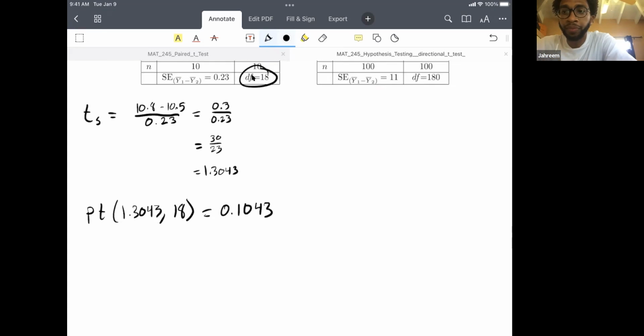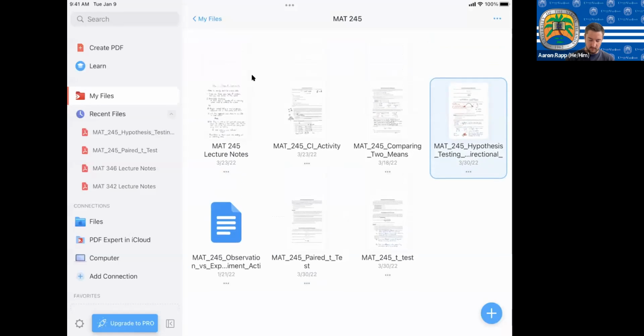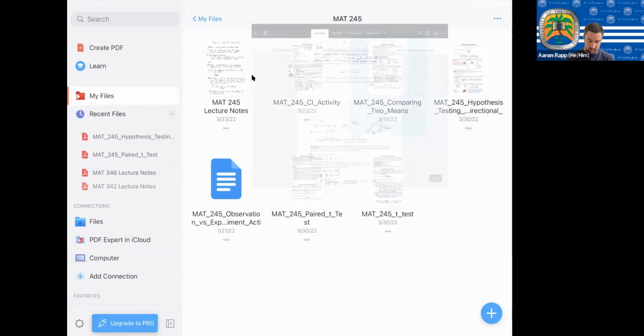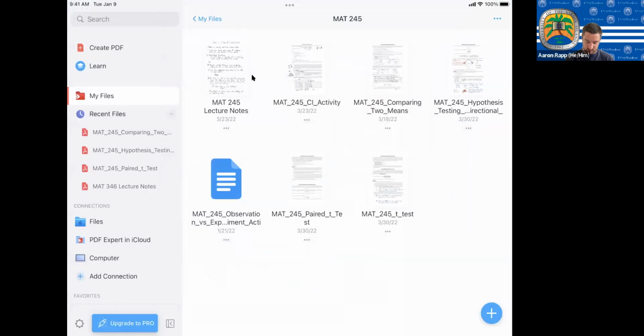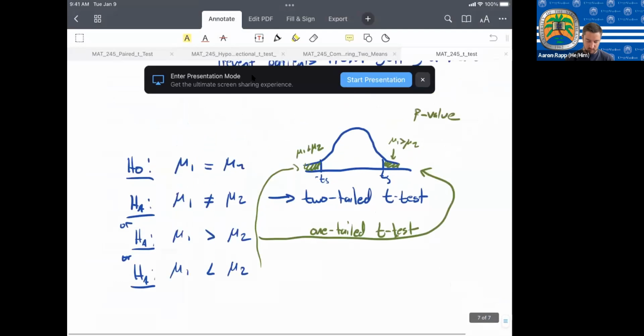Nothing. I wouldn't say nothing. You're not wrong, but I wouldn't say nothing. There's not enough evidence. So think back to our table, comparing two means. That was just confidence intervals, t-test, there we go.